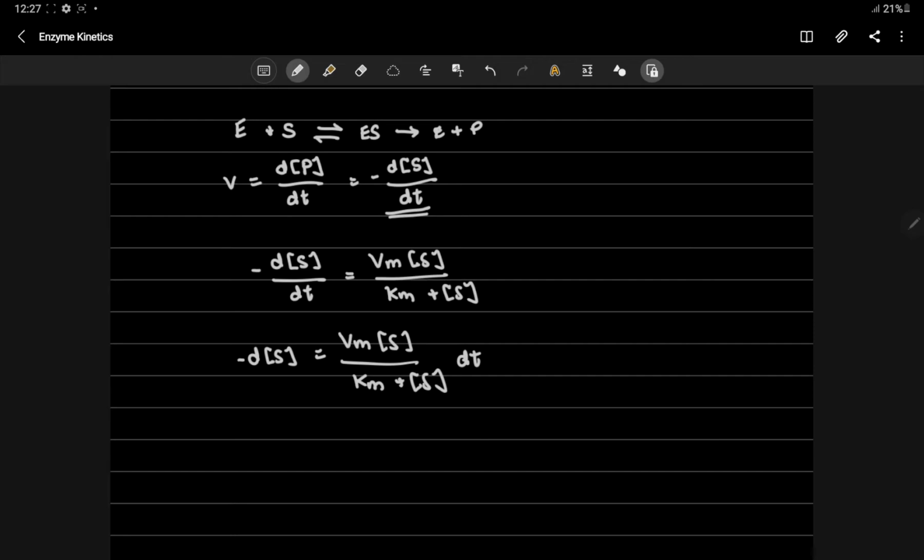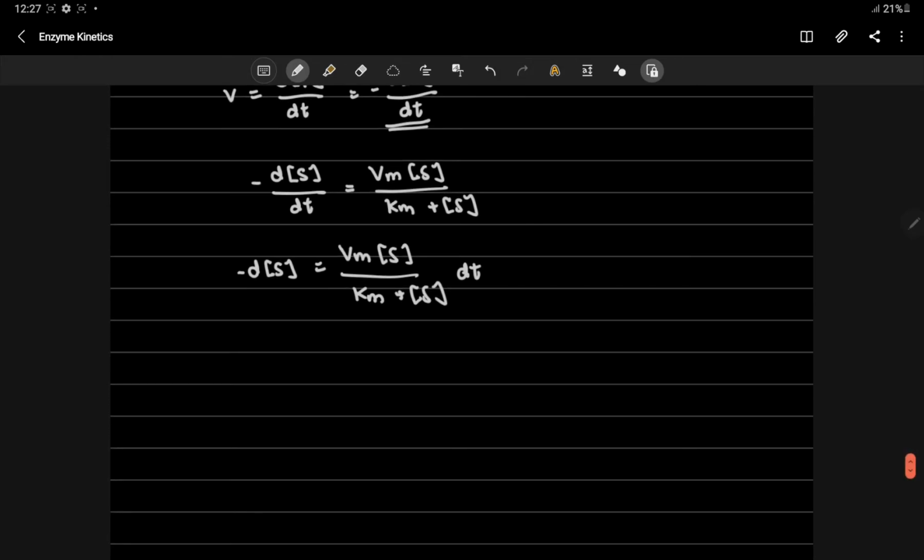Okay? And we need to further separate the variables. So, ang mangyayari ay magiging Km plus the substrate concentration divided by Vm times the substrate concentration. So, nilagay ko lang siya sa left-hand side of the equation.